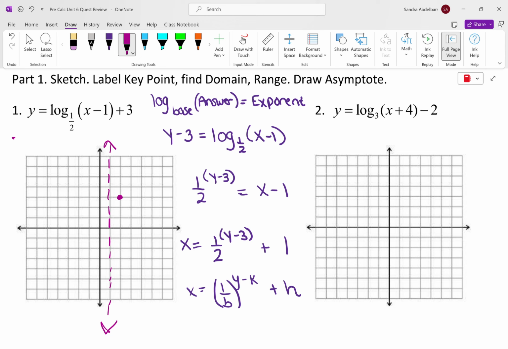It's decreasing. Why? Good, because the base is the fraction, from left to right, we're decreasing. So it's going to look something like that. And this is just a general sketch. All I need is the key point.